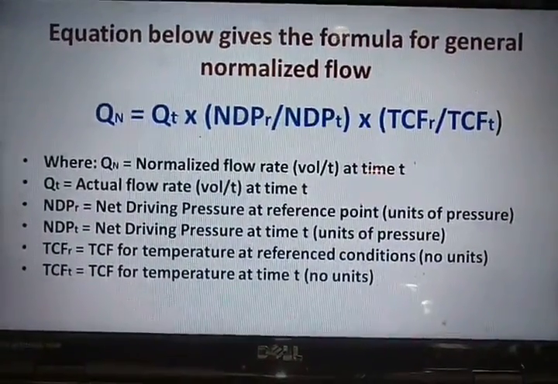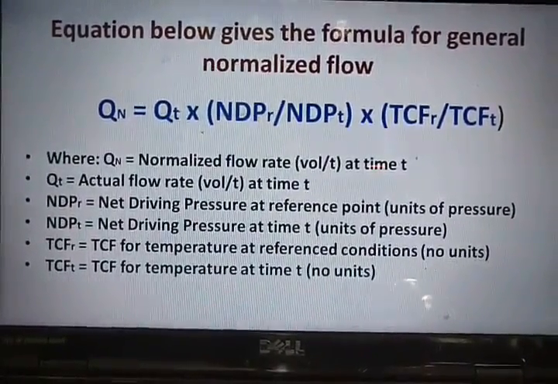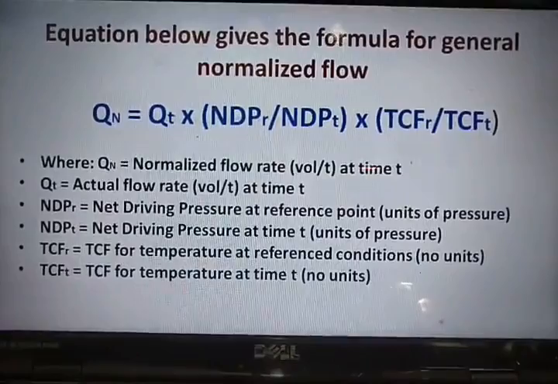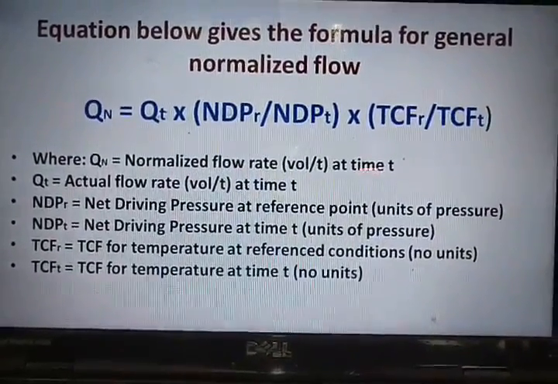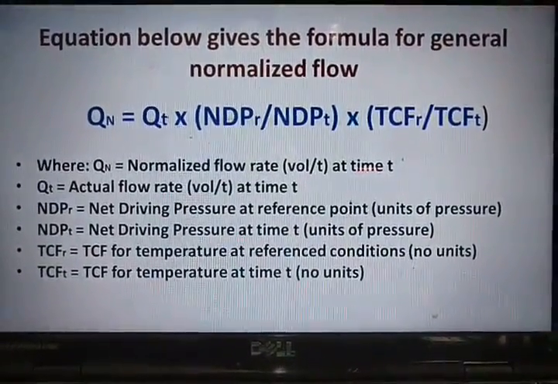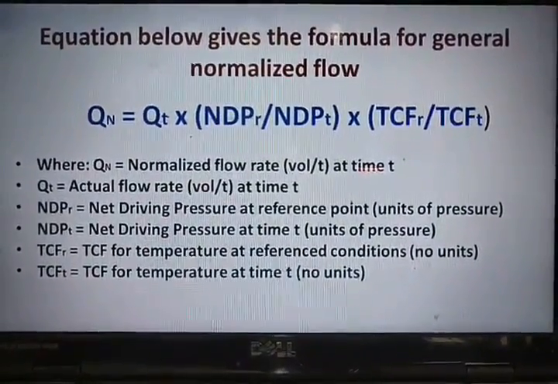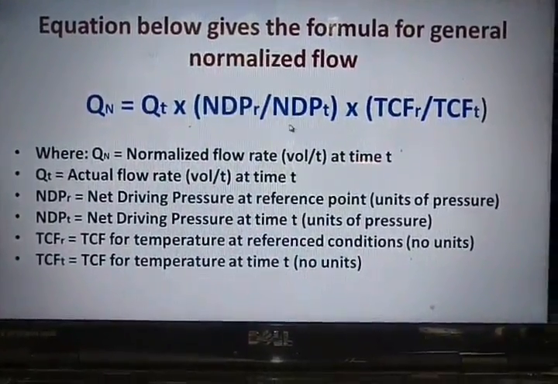It is given by Qn equals Qt times NDPr divided by NDPt, times temperature correction factor TCFr divided by TCFt. As we discussed in the previous slides, normalization is directly dependent on the pressure and the temperature correction factor, hence it is multiplied.